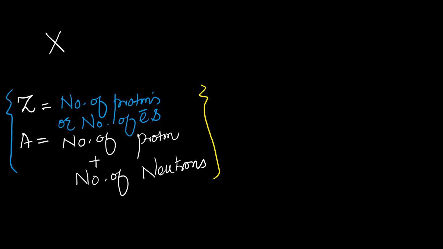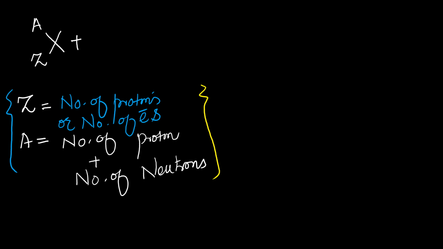So the atomic number and mass number of element X will be represented: in subscript there will be the atomic number, whereas in superscript there will be the mass number. Now consider this element is going through the electron capture process.